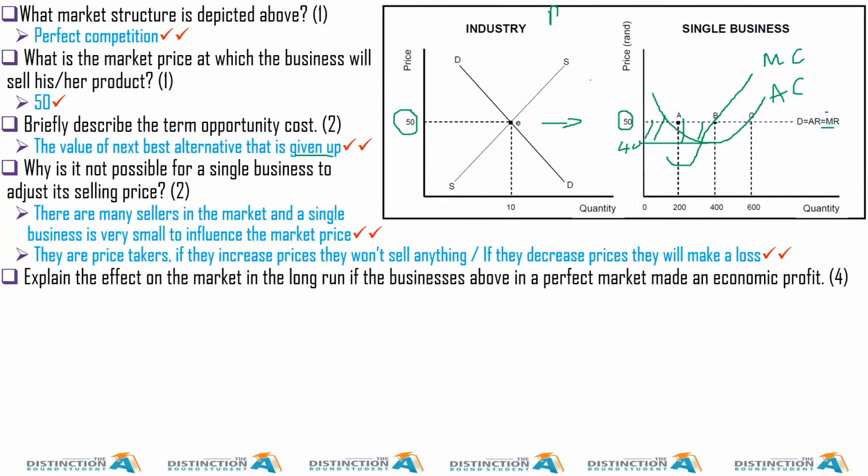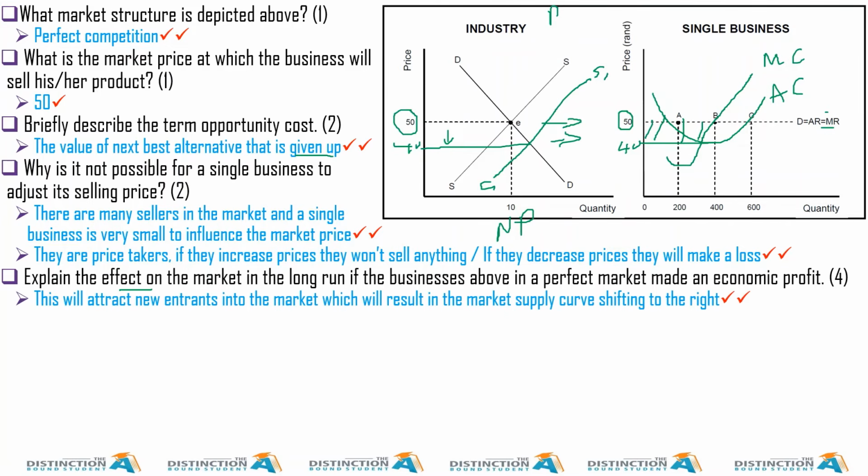Now this economic profit is going to attract firms. So supply is going to shift to S1. Because of that, price is going to drop to 40, and firms will follow suit. So the effect is nothing but normal profit.